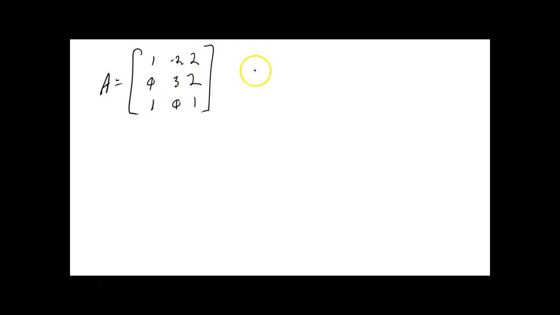Here's matrix B. 2, 0, 1. 0, -1, -2. And 3, 1, -2. Okay.